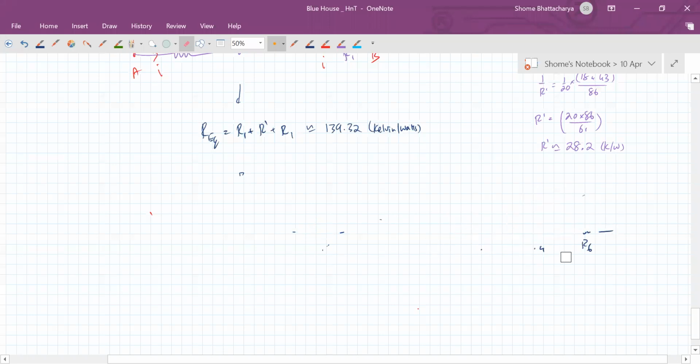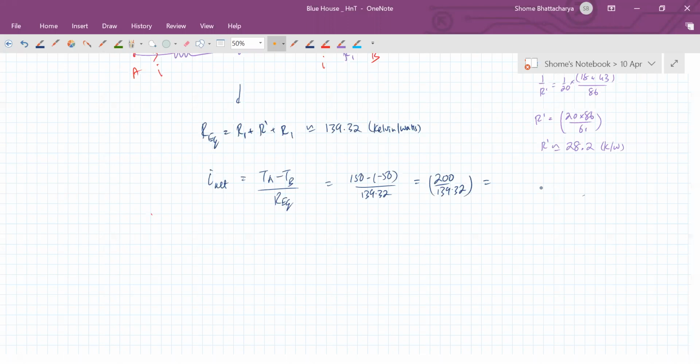So now the net heat across the points A and B is this temperature difference divided by the equivalent thermal resistance. Okay.